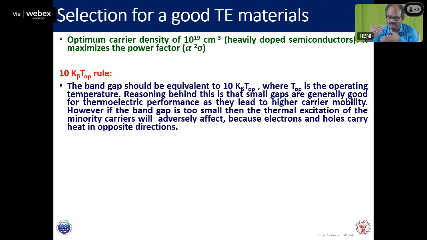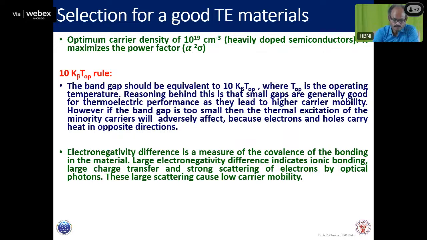If the gap is large, the carrier mobility will be low. However, if the band gap is too small, the thermal excitations of the minority carriers will adversely affect performance, because electrons and holes carry heat in opposite directions. So if the gap is low, because of thermal excitations, electrons will anyway move to the conduction band.